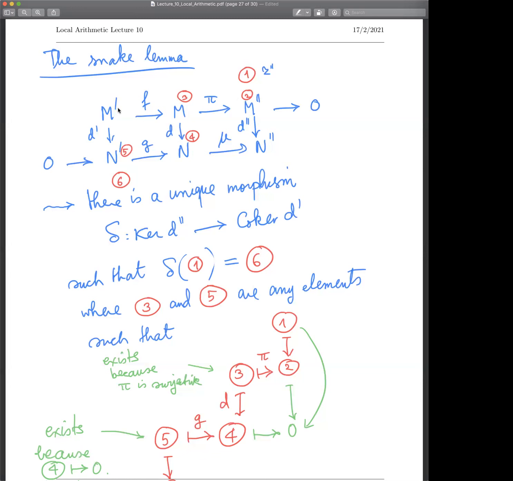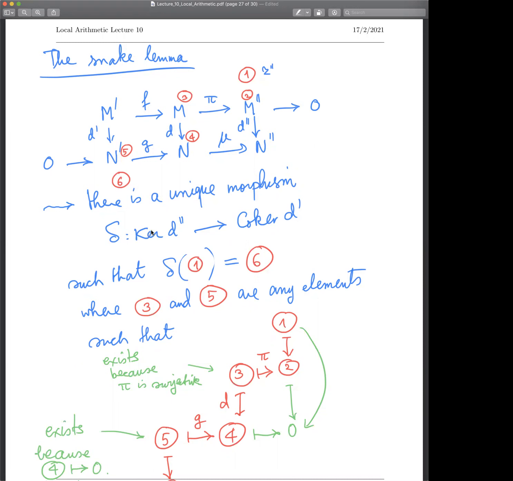So F of omega is 3 minus 3 prime. Then 3 and 3 prime give rise to 4 and 4 prime, which give rise to 5 and 5 prime. And I claim that D prime of omega is equal to 5 minus 5 prime. And therefore 5 and 5 prime have the same image, 6.